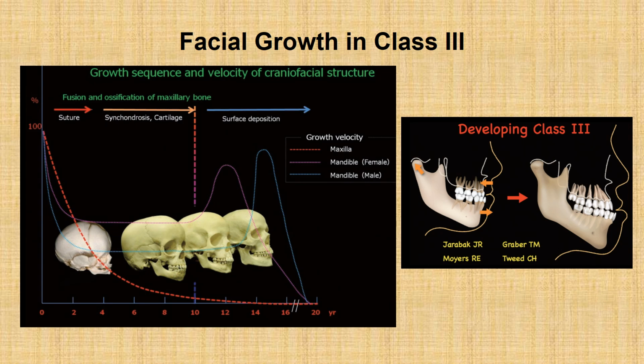As you can see, the mandible undergoes a growth spurt at the time of pubertal growth spurt, females being earlier than the males. With this continuing growth, any differential growth favoring the mandible will result in the mandible becoming more prognathic and resulting in a class 3 malocclusion.